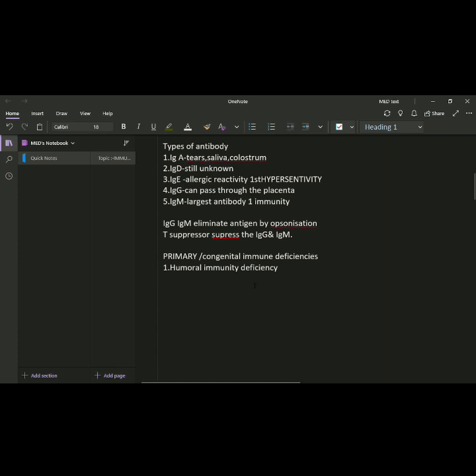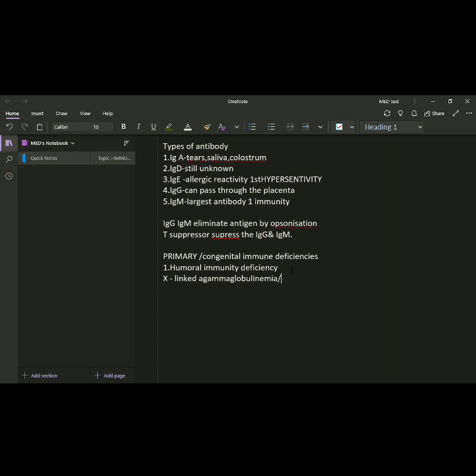Alright, so in the humoral immunity deficiency, there is a specific name of this disorder called X-linked agammaglobulinemia.